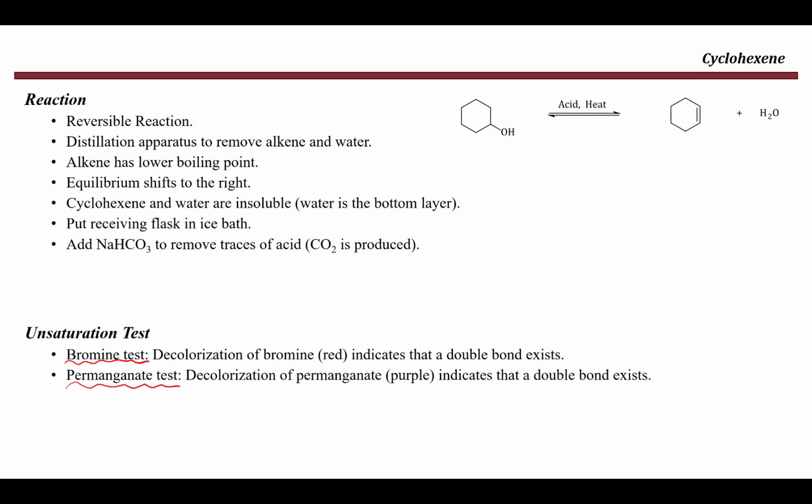So usually the bromine test or permanganate test are used to test for unsaturation, or the presence of double bonds, and this applies here to cyclohexene. So if you want to know whether cyclohexene is formed or not, we can do the bromine test and the permanganate test. If they both give colorless solutions, this means that yes, cyclohexene is formed, whereas if the red color of bromine or the purple color of permanganate didn't disappear, this means that the reaction didn't work.